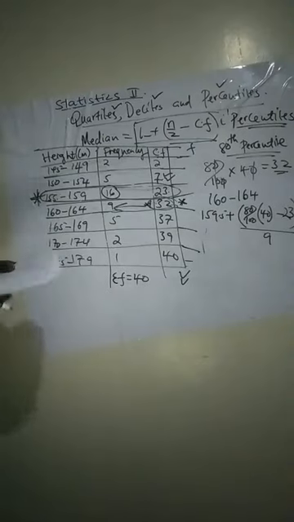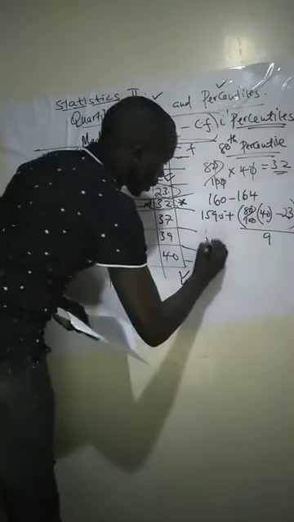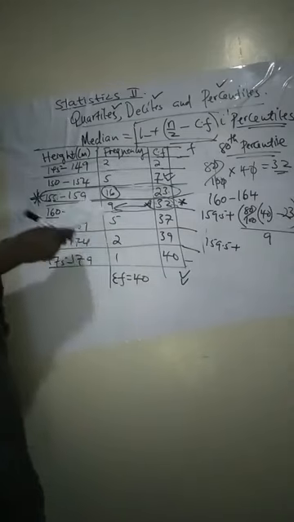We already know 80 over 100 of 40 is 32. So that should be easy. So I have 159.5 plus 32 minus 23.